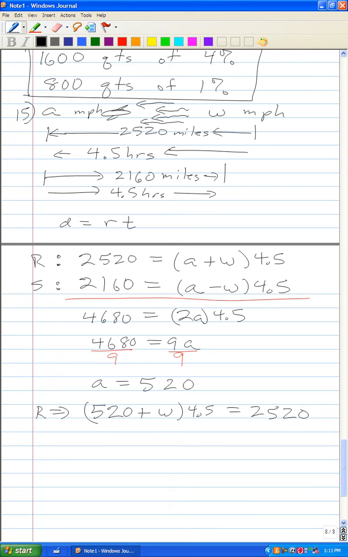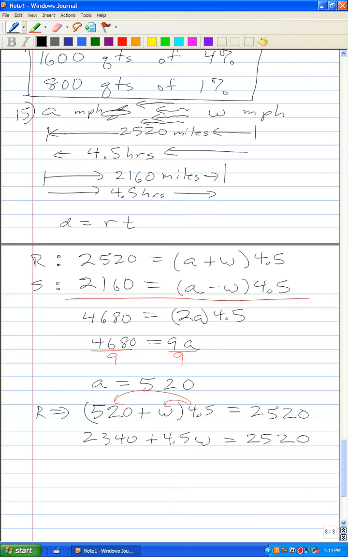So let me multiply the 4.5 inside the parentheses. And so I have 2,340 plus 4.5w equals 2,520.